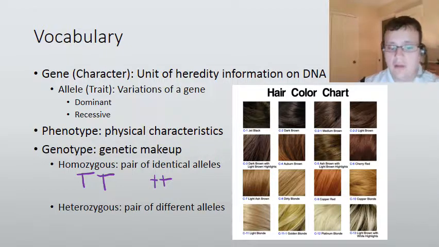And then finally, you would say what's called heterozygous. Heterozygous is where you have a dominant letter with a recessive allele. So again, homozygous dominant is where you have two dominant alleles. Homozygous recessive is where you have two recessive alleles, in this case lowercase, and then heterozygous.